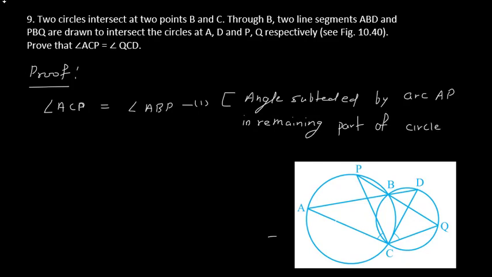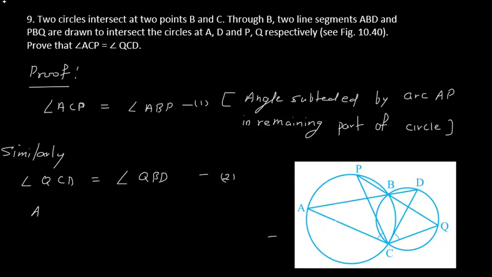Okay, ACP and ABP, they are equal. Similarly, I can say that angle QCD is equal to angle QBD. This is my second equation.